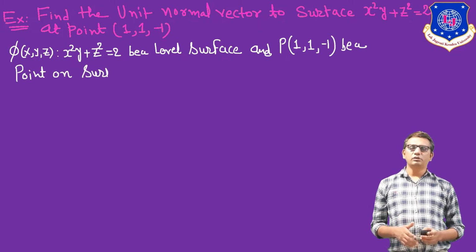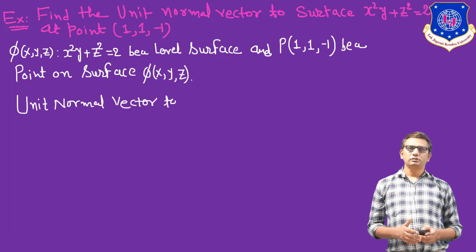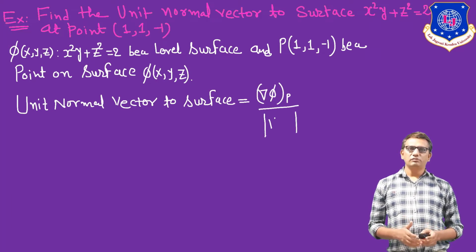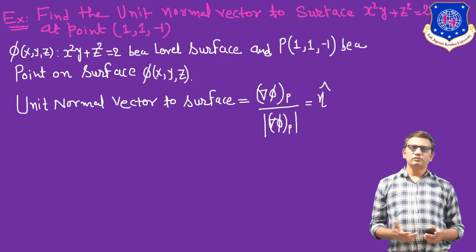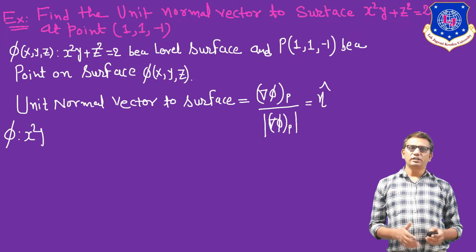Our fixed point on the surface is (1, 1, minus 1), and the unit normal vector to the surface is del phi at point P upon its length, which is n caret. So first of all, we will find the gradient of phi, that means del phi at the particular point P (1, 1, minus 1).